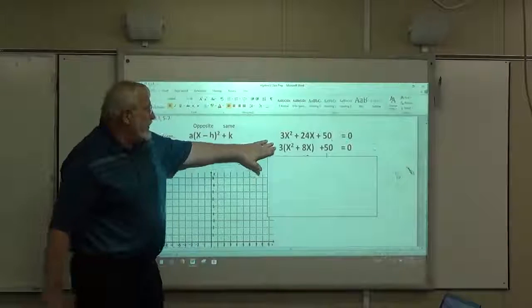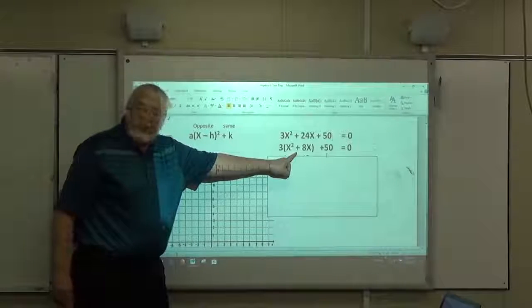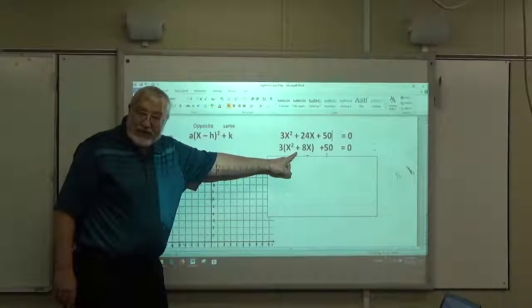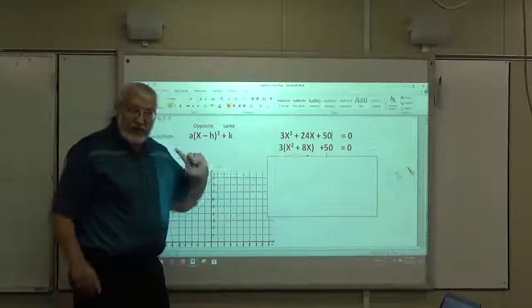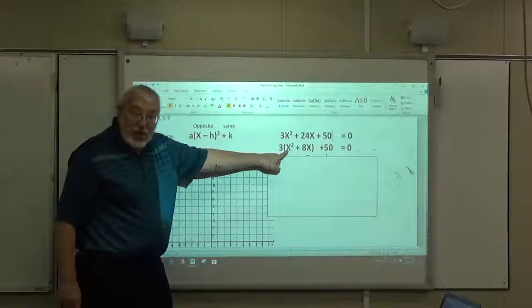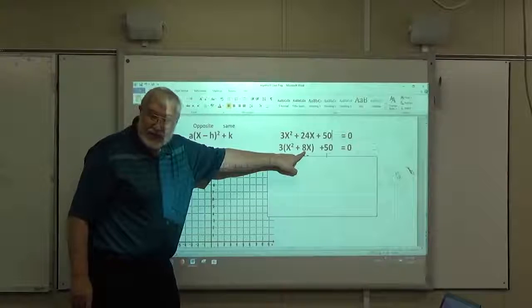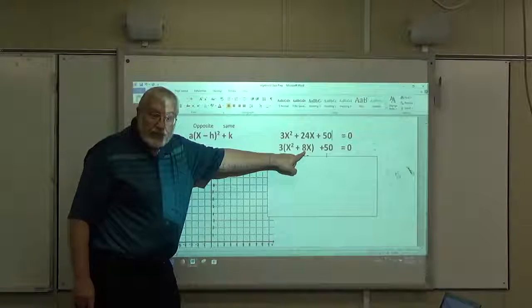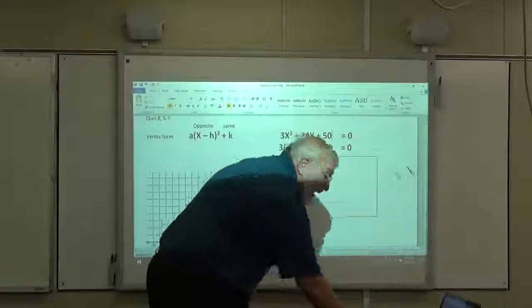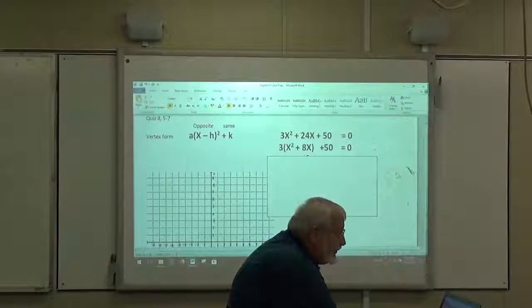Okay? Alright, so now what I'm going to do is I'm going to create a perfect square with these 2 values. In order to do that, when x is 1, I'm taking half of this term. Right, now that's going to make my perfect square.